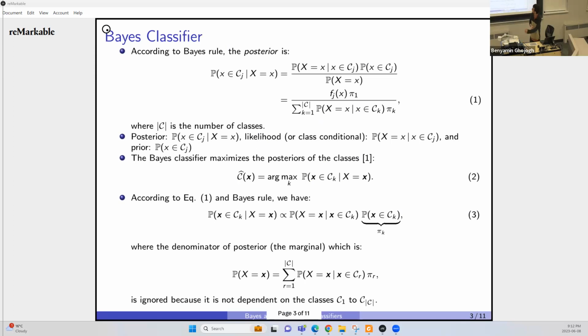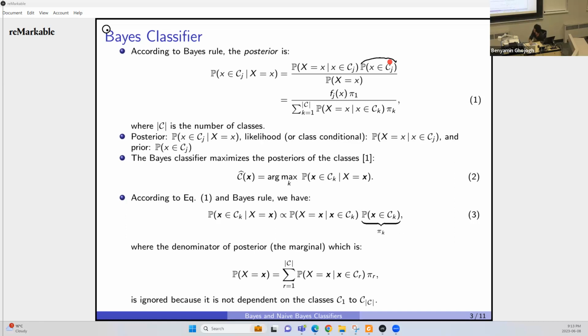According to Bayes' rule, the posterior is this. This is the posterior. This is Bayes' rule, or what we call preliminaries. You can see this as the prior of the Jth class. So assume we have several classes. Cj means the Jth class, okay? Probability of X belonging to Cj.